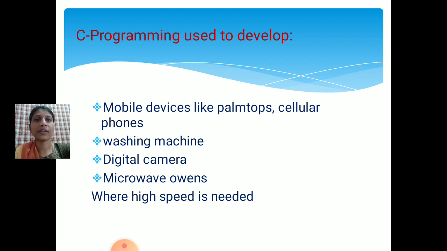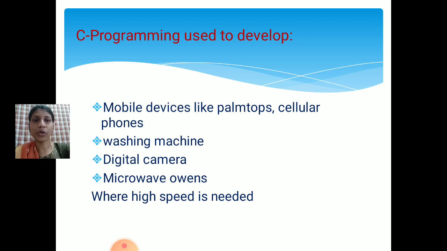Today we are starting with the uses of C programming. In the previous two videos of the fourth module, we saw the basic parts of the C programming language. Where exactly do we use C programming code, and to develop which types of software?